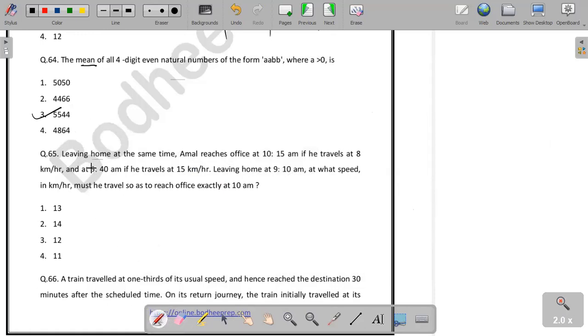Leaving home at the same time, Amal reaches office at 10:15 a.m. If he travels at 8 km per hour and at 9:40.